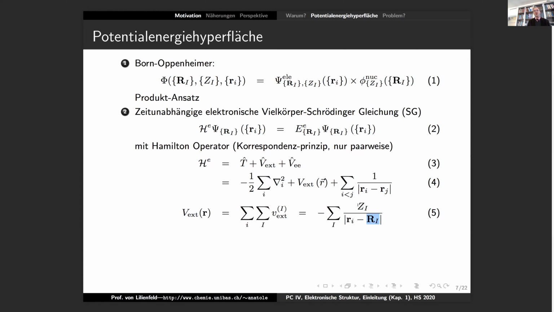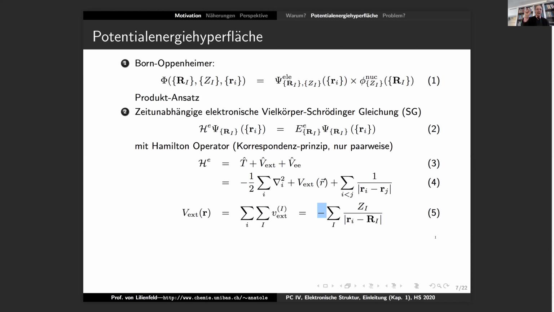So that's what you have in the numerator. Now, electrons are negatively charged, protons are positively charged. So when they interact, you should gain energy. It's not repulsive, it's attractive. So you have a minus sign in front of it.